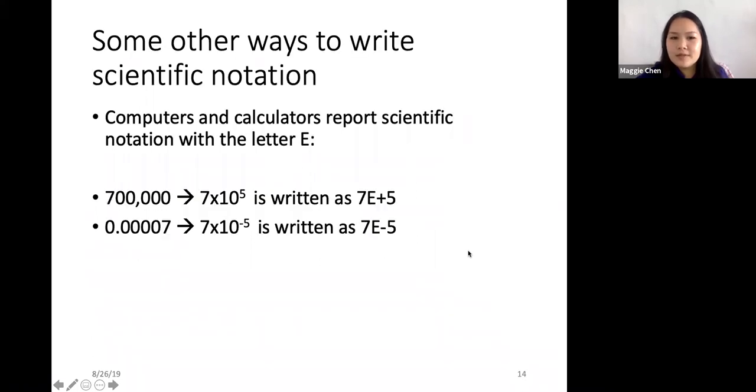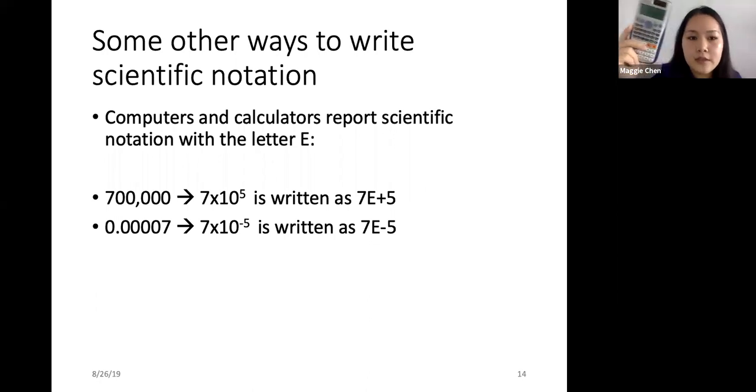So some other ways to write scientific notation. In some calculators, like in your scientific calculator or in some computers, they report scientific notation with the letter E. As an example, you don't need your scientific calculator today, but other calculators online like Desmos would have E, which just means 10 to the power of whatever.